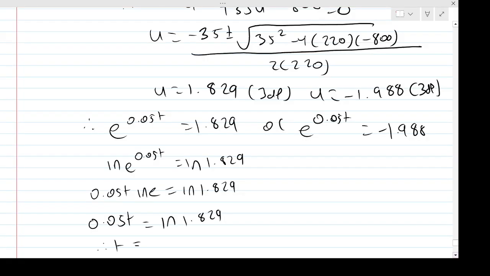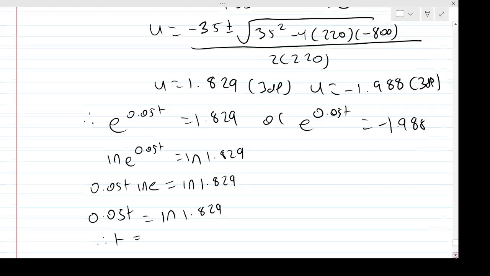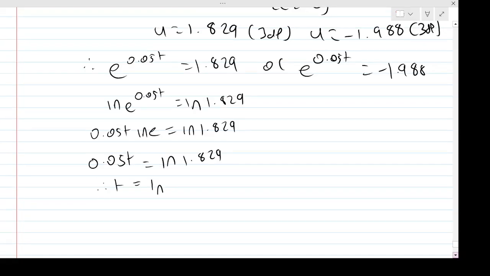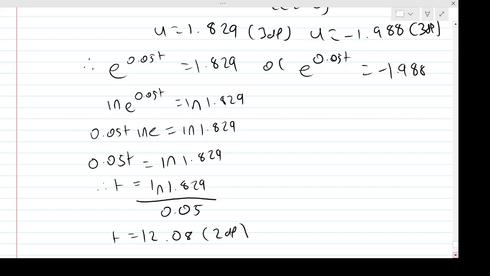Therefore t, if I simply divide by 0.05, t is ln 1.829 over 0.05, and that will get me t to be 12.08 to 2 decimal places.